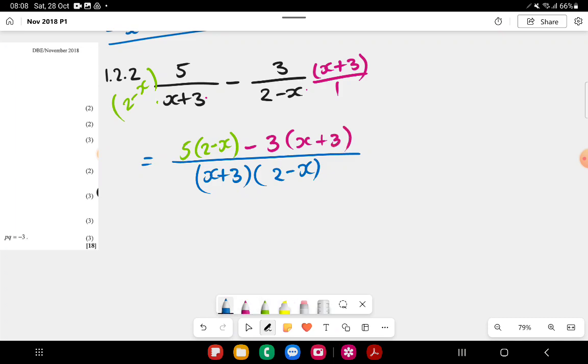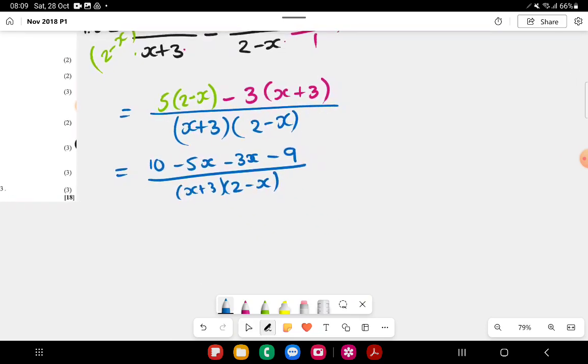This is awesome. Now I'm going to simplify my numerator. 5 times 2 is 10, minus 5x, minus 3x, minus 9. All of this divided by x plus 3, 2 minus x.